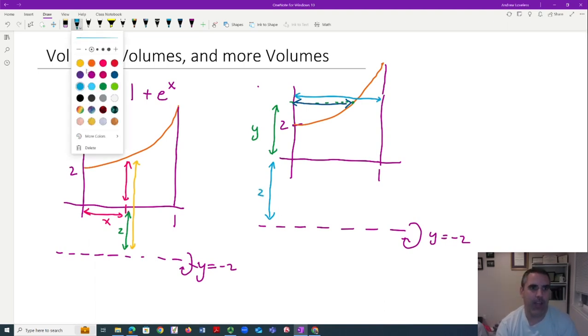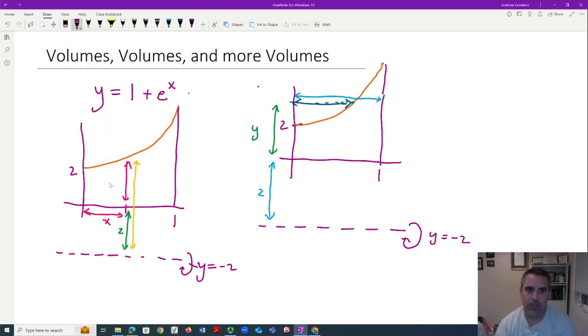The height, that's what we mean when we say this is the graph of this function, is we mean this height is 1 plus e to the x. Now some students prefer to label this y equals 1 plus e to the x and think of it as a dot, meaning x comma 1 plus e to the x, and that's perfectly fine. So if you want to think of it as a dot and what the height of that dot is, that's fine, or you can think about it as this length.